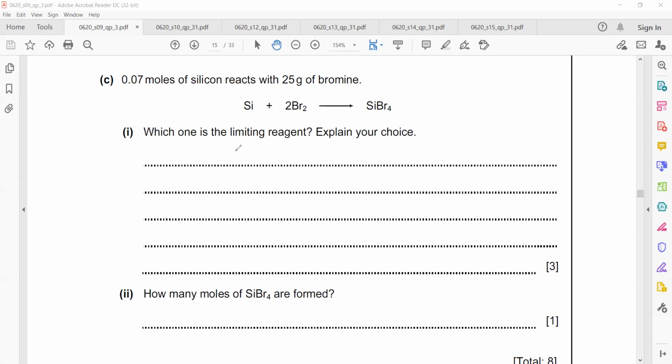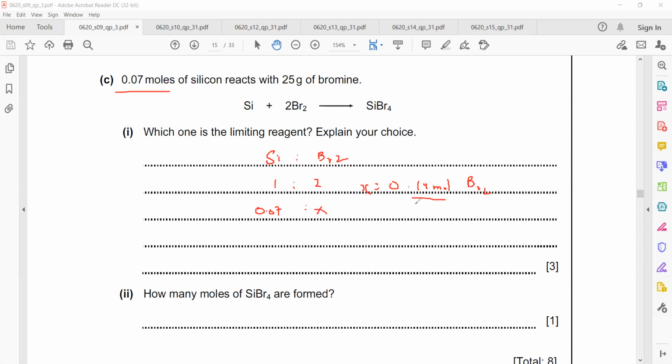This is one way. Another way, you can compare their moles, but it's up to you which method you find convenient. Like silicon and bromine, the ratio between them is 1:2. So if we have 0.07 moles of silicon, how many moles of bromine should be there? X. So we should have 0.14 moles of bromine.